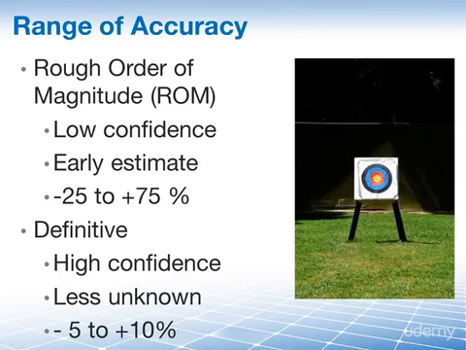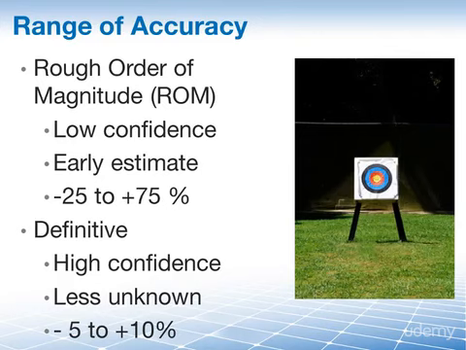But when it comes to these estimating ranges, please be aware that there is really no definitive authority on these numbers. Yes, ROM, according to the PMBOK guide, is minus 25% to plus 25%. Definitive is minus 5% to plus 10%. You must know these numbers for the PMP exam, but they're not set in stone in real life.